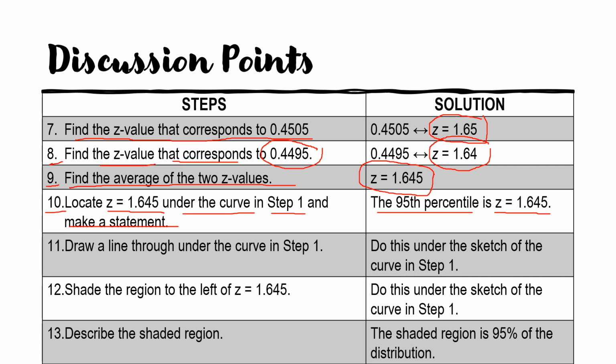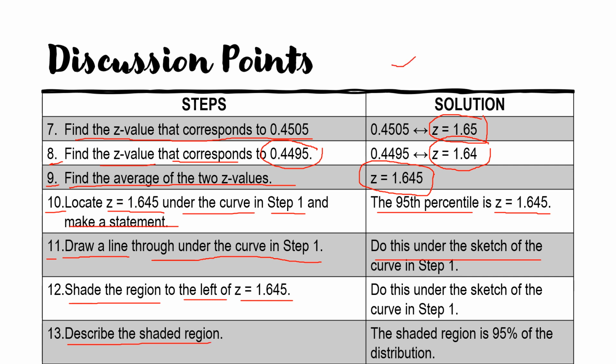Then for step number 11, you're going to draw a line under the curve in step number 1. Do this under the sketch of the curve in step number 1. So shade the region to the left of your z equal to 1.645. Then describe the shaded region.